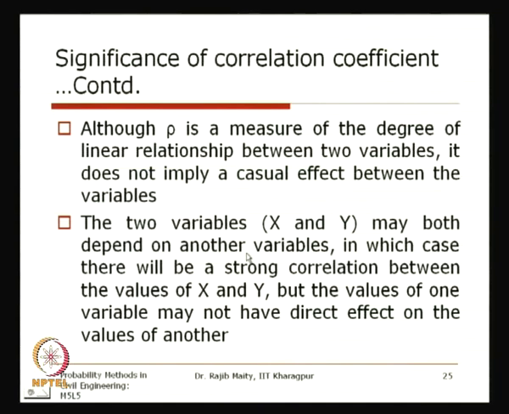In that case there will be a strong correlation between x and y, but the values of one variable may not have a direct effect on the values of the other. So even though we may get a strong correlation coefficient, that doesn't indicate that they have any causal effect on each other.